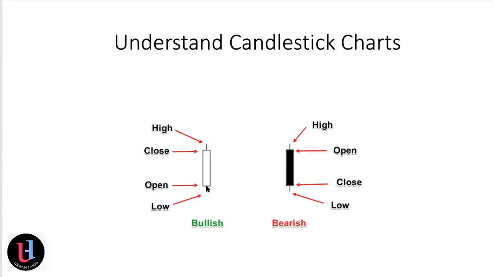So if it's a green candle, you know that your open is going to be lower than the close, right? So that's why you will have open here and close here. But the same thing if you have a red day where the stock is opening higher but closing lower. So that is where your open will be higher here and the close will be here. And your low and high always remain the same, definitely like these ends of the wicks, right?